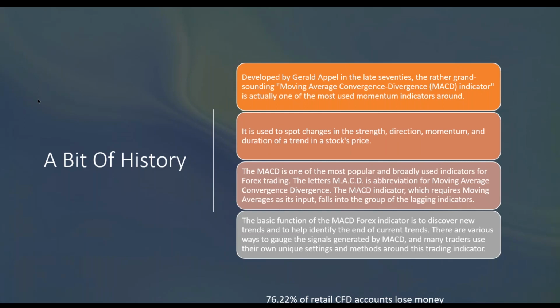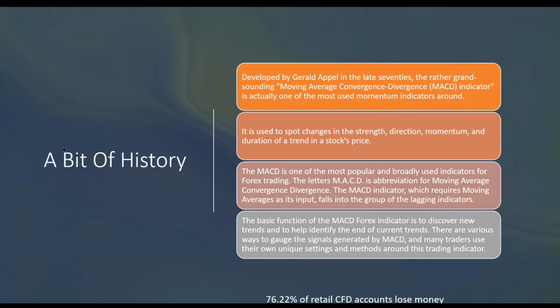But as the online trading arena grew, traders started applying these known indicators to see if they would work with their trading. Well, MACD was one of the most popular, and is one of the most popular, Forex and CFD trading indicators because it adjusts very quickly and very easily to fast-moving markets in small time frames.